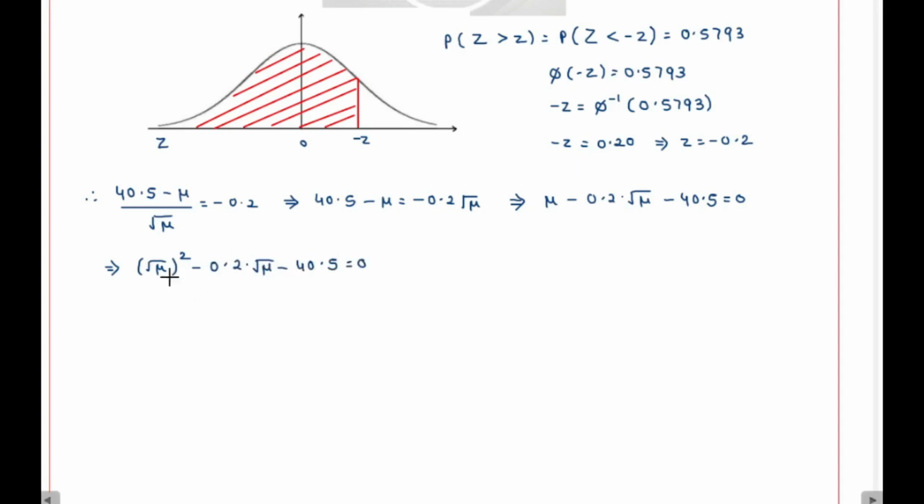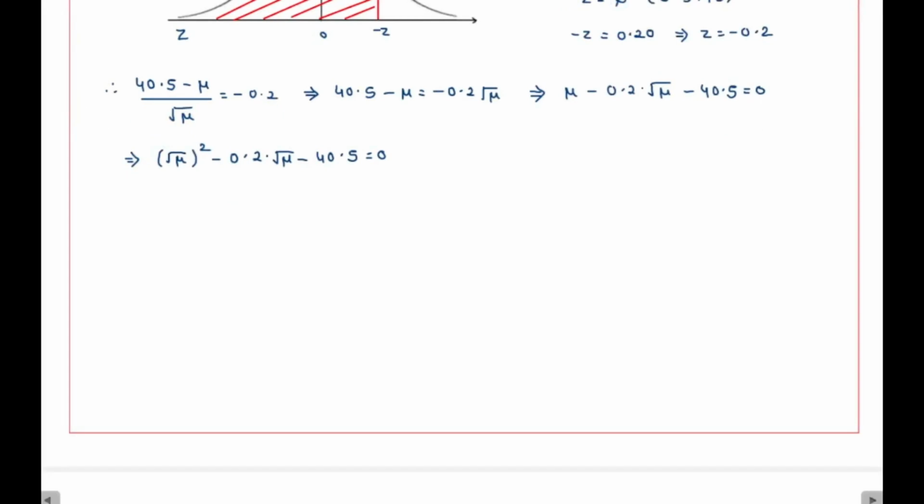Now what has this equation become? This is nothing but a quadratic equation, correct? So if this is a quadratic equation, we can find out the value of mu using the quadratic formula. So can I say root of mu is equal to, I'll use the quadratic formula. What are the roots? x is equal to (minus b plus or minus under root of b square minus 4ac) upon 2a, correct? This is the root formula for a quadratic equation ax square plus bx plus c is equal to 0.